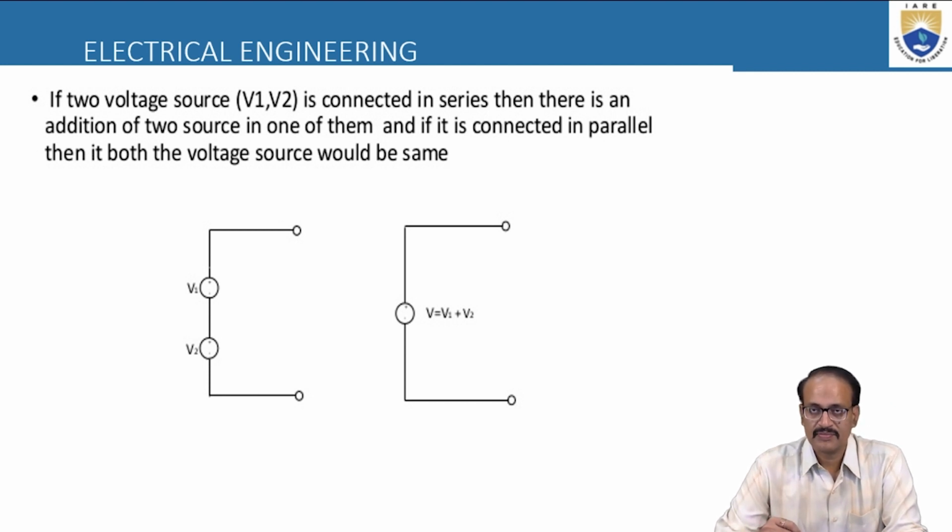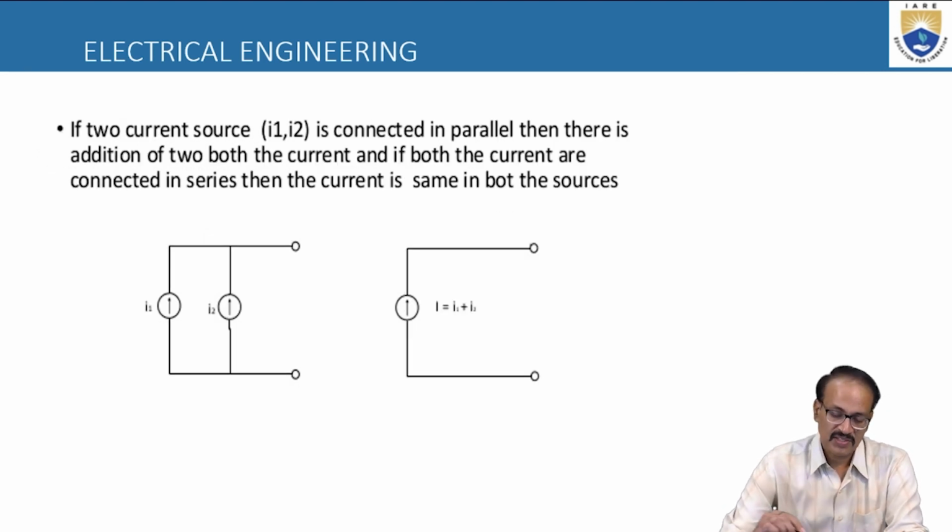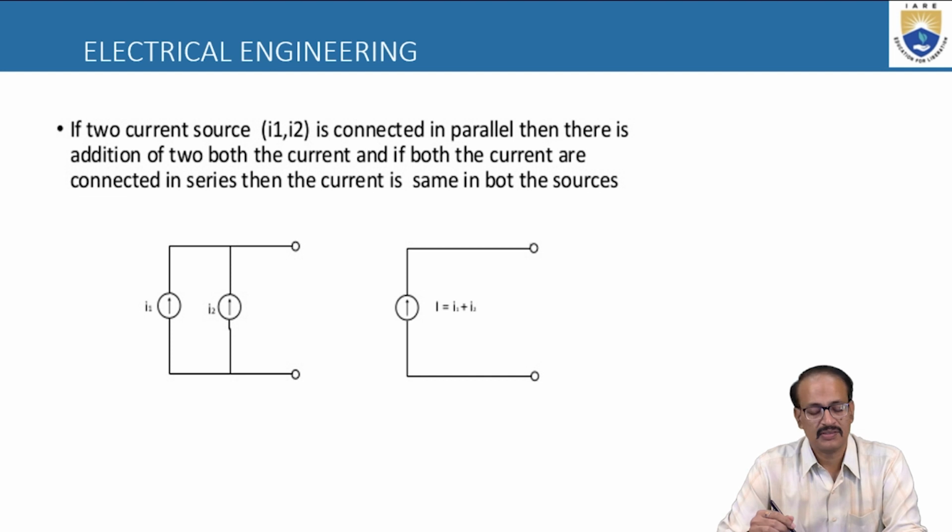And if two voltages, V1 and V2, are in series, I can simply add and replace with a single voltage source, that is V. And similarly, if two current sources are in parallel, I can simply add and replace with a single current source, that is I is equal to I1 plus I2.